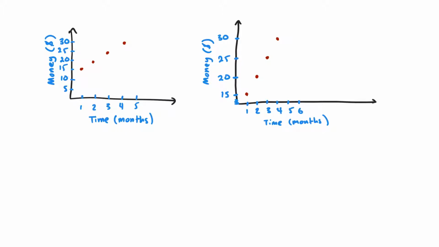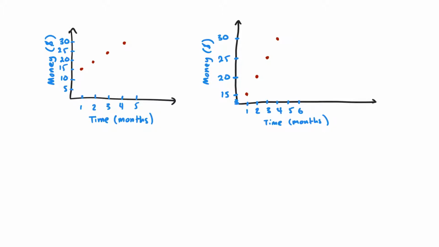Our first point is at 1, 15, and here is 1, 15. And our other points are 2, 20, 3, 25, and 4, 30, in both. So we have the exact same points. The only difference is how we are using two different forms to represent our mathematics.